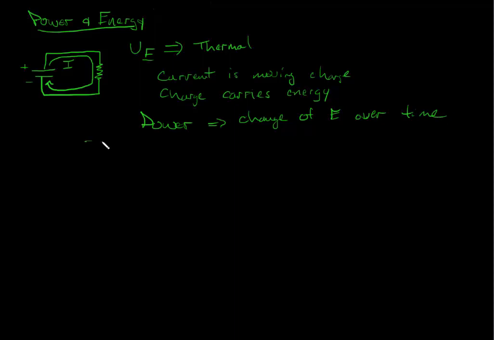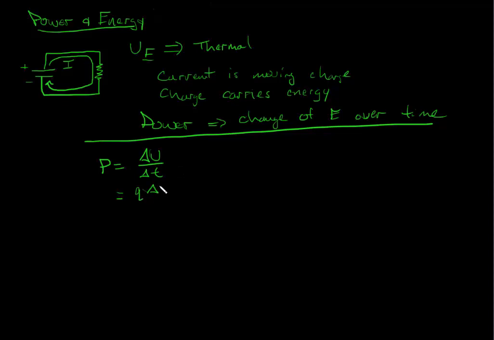All right, so we can define it pretty easily. Power is the change in energy over time. And we use change in potential energy because this is all potential that the charge is carrying around. But we know that the change in potential electric energy is equal to Q times delta V. This is off your equation sheet.